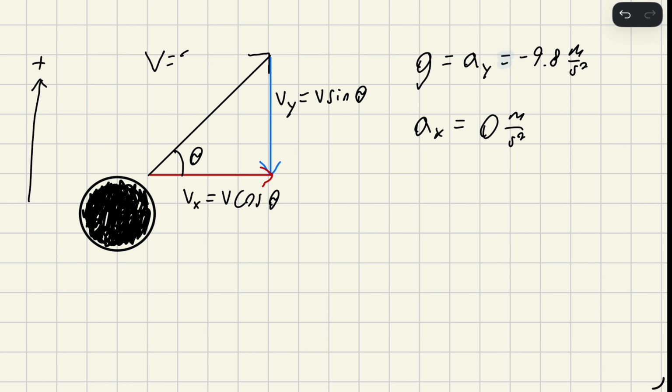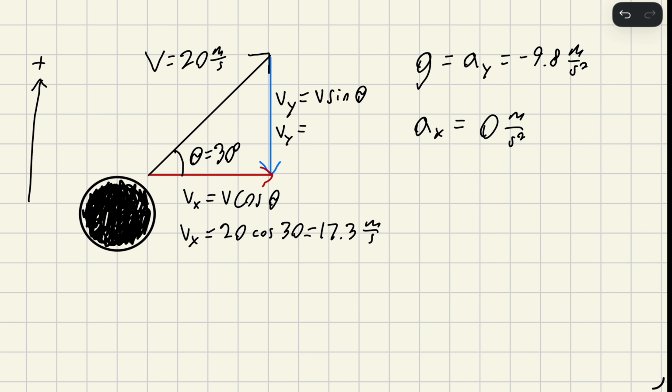So we'll say that v is equal to 20 meters per second. So the velocity of the ball right when it leaves the cannon is 20 meters per second. That's the overall velocity, containing both horizontal and vertical components. And let's say it's launched at an angle of 30 degrees to the horizontal. We then know that the velocity in the x direction is equal to 20 times cosine of 30, which if you plug it into the calculator is equal to about 17.3 meters per second.